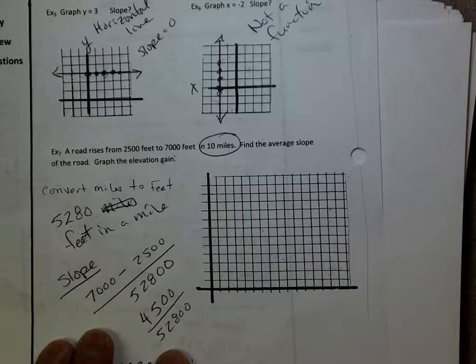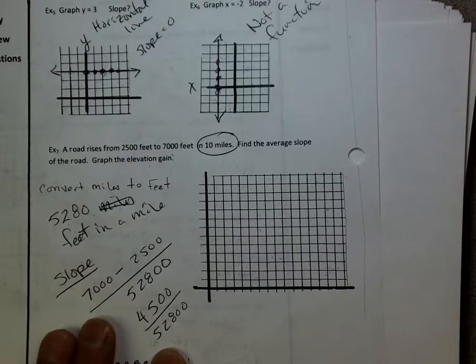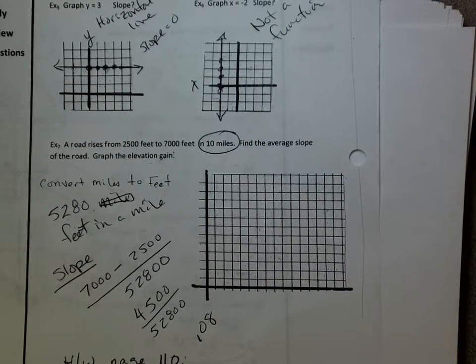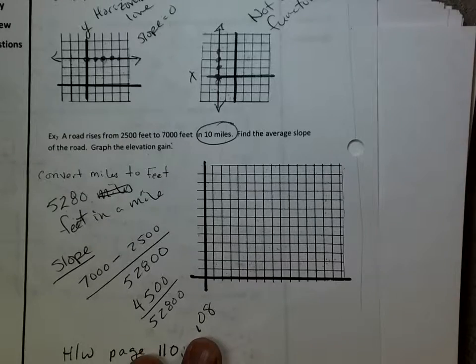If I divide that, I'll get about 0.08. Now that's how much I gain in a mile, which is not a whole lot of feet in 1 mile. But it's a gradual thing.